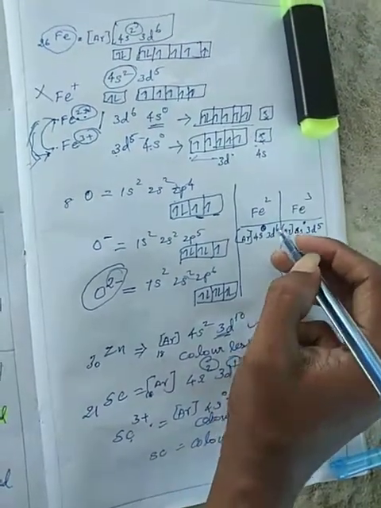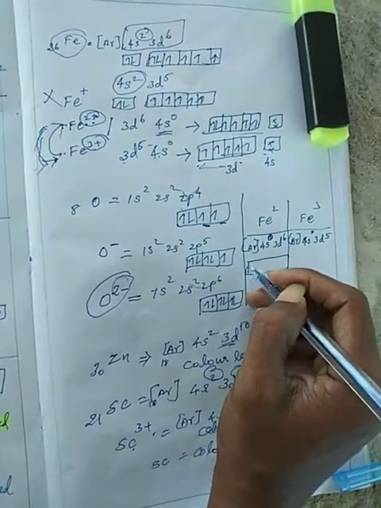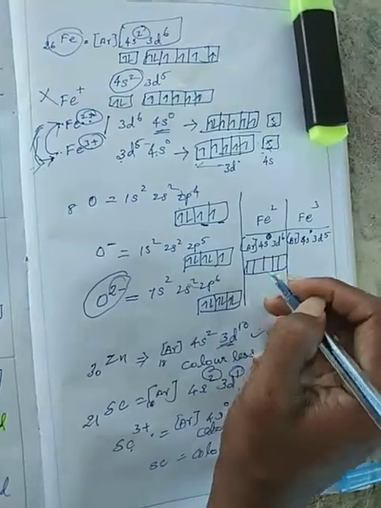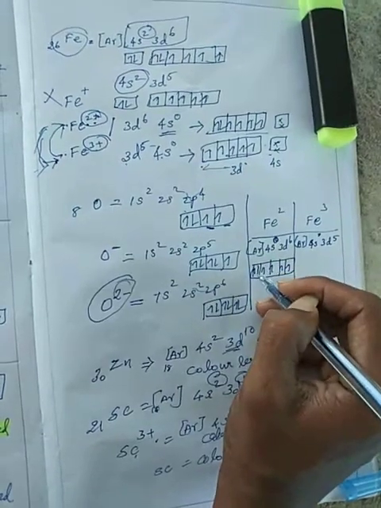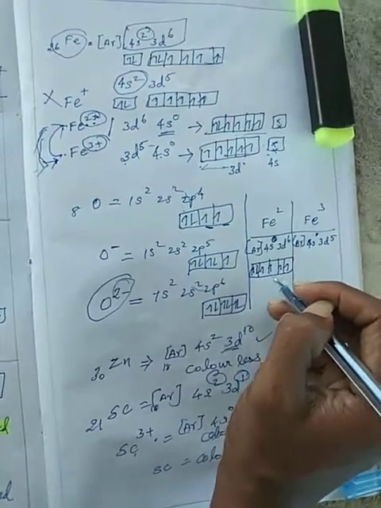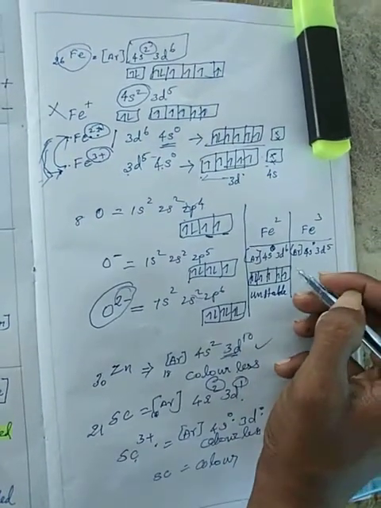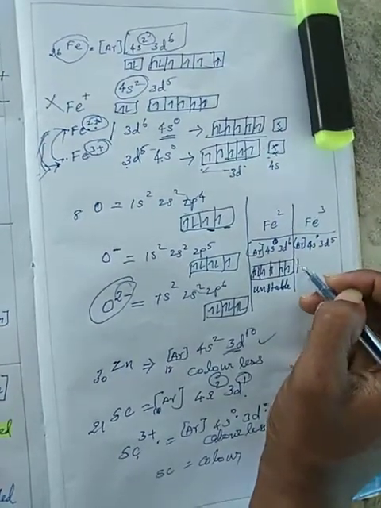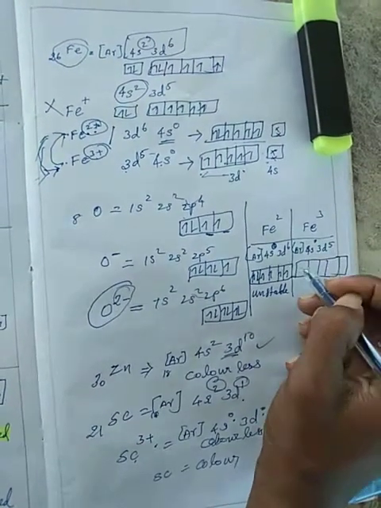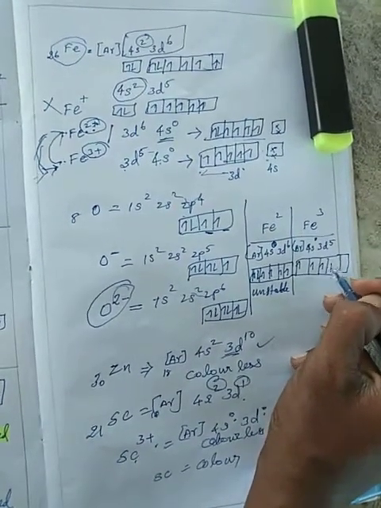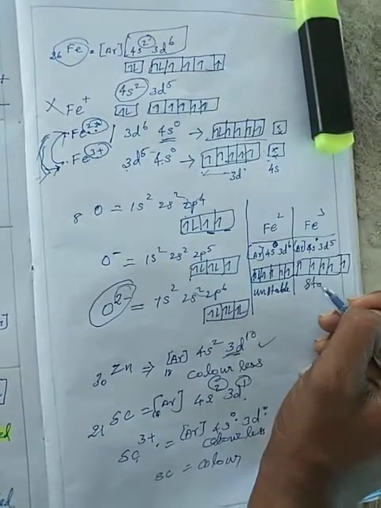So here, for the 3d6 example, you draw only the d orbitals: 1 2 3 4 5, and another unpaired electron, properly not half filled. So this is unstable, but the d orbitals of Fe3 plus are properly half filled: 1 2 3 4 5, half filled with unpaired electrons, so it is stable.